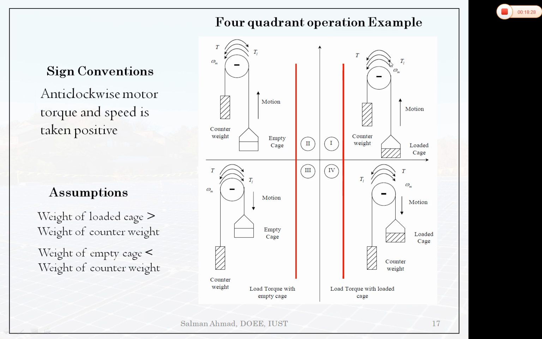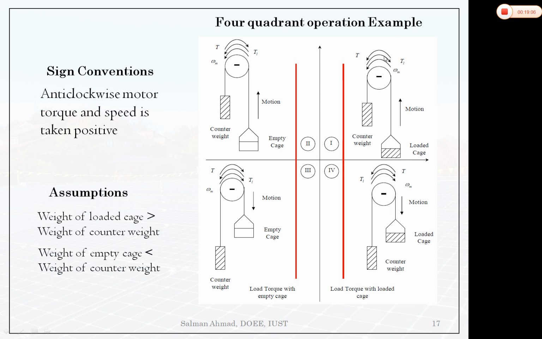The motor has to rotate in the anti-clockwise direction so that the load goes up. So motor torque and rotation of the shaft are both anti-clockwise; we have taken anti-clockwise as positive, so both torque and speed are positive. This is the first quadrant operation, where the loaded cage is moved up by the motor.